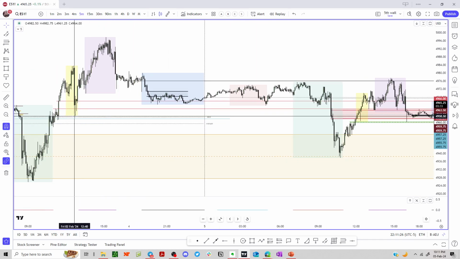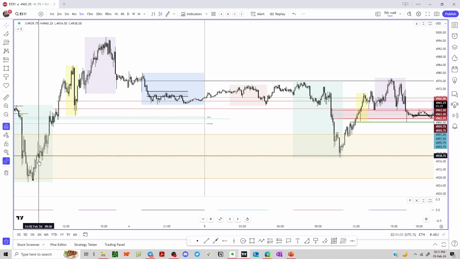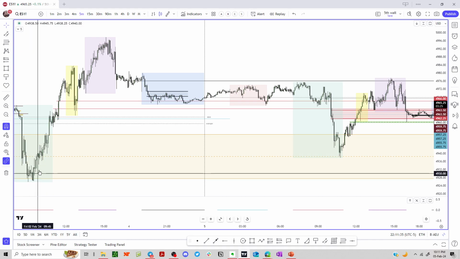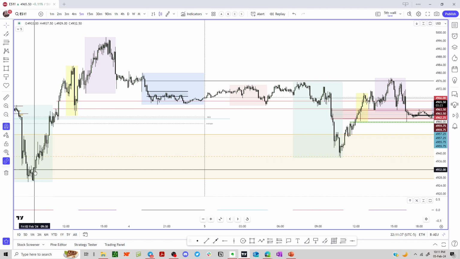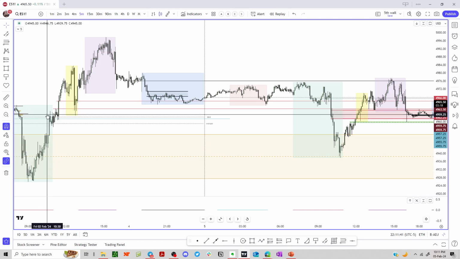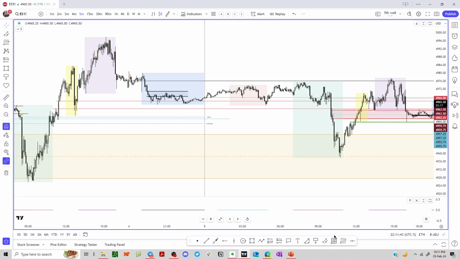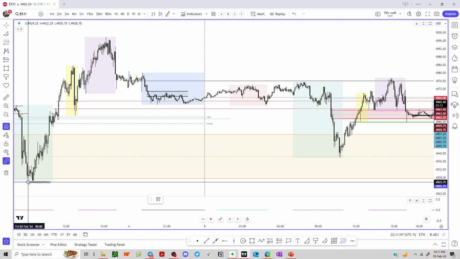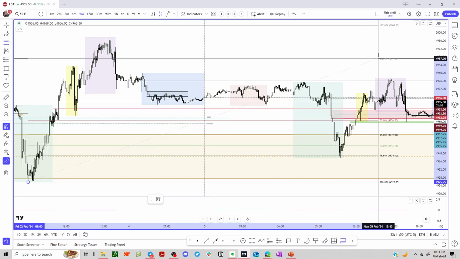Continued lower, took out the previous day lunch session lows, and traded within the range of the previous day AM session period, right?